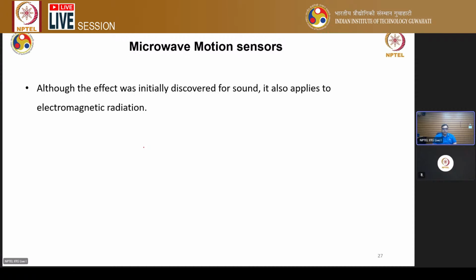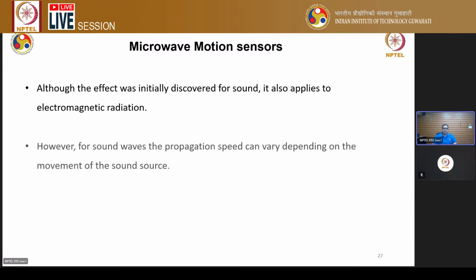We have seen this in the case of the Doppler effect. Although the effect was initially discovered for sound, it applies well to electromagnetic radiation and other rays.